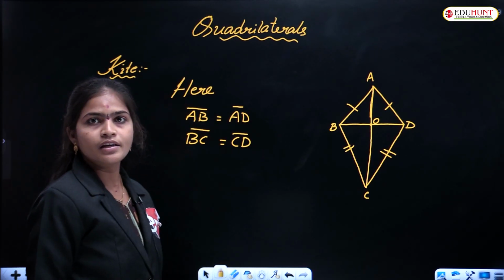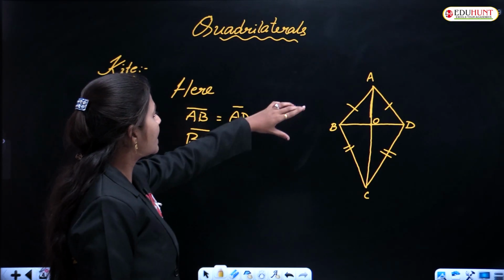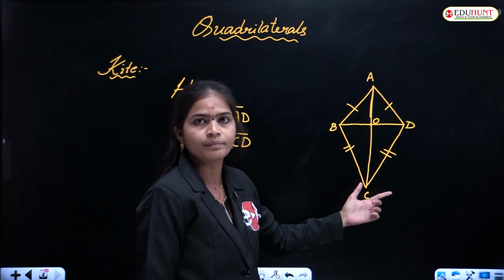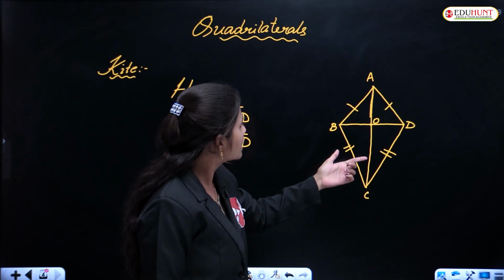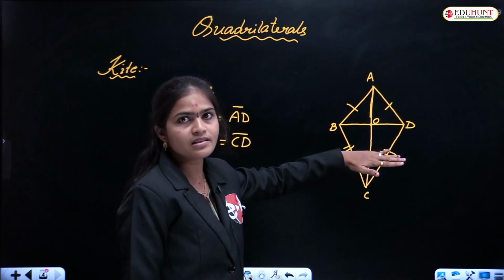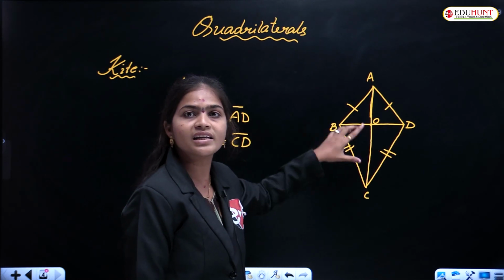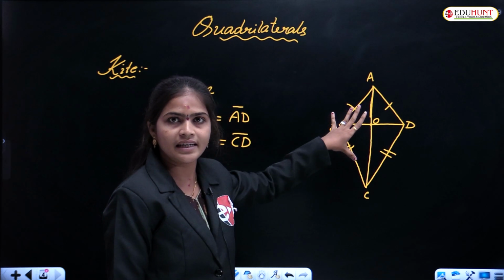Is it clear, children? In a quadrilateral, at least one pair means this is one pair and this is another pair. So we can say two pairs also, but AB and BC are also adjacent only, and these two sides are not equal.